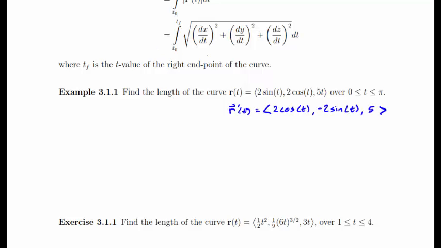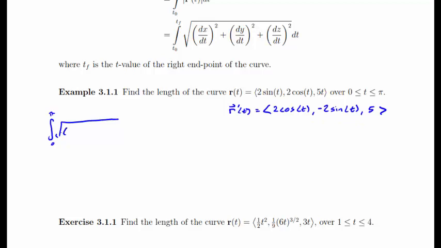And then we're going to apply the formula that we see up here. We are going to say that the arc length from 0 to pi is the square root of, we're going to square each of these components now, because these are the dx/dt, dy/dt, and dz/dt.